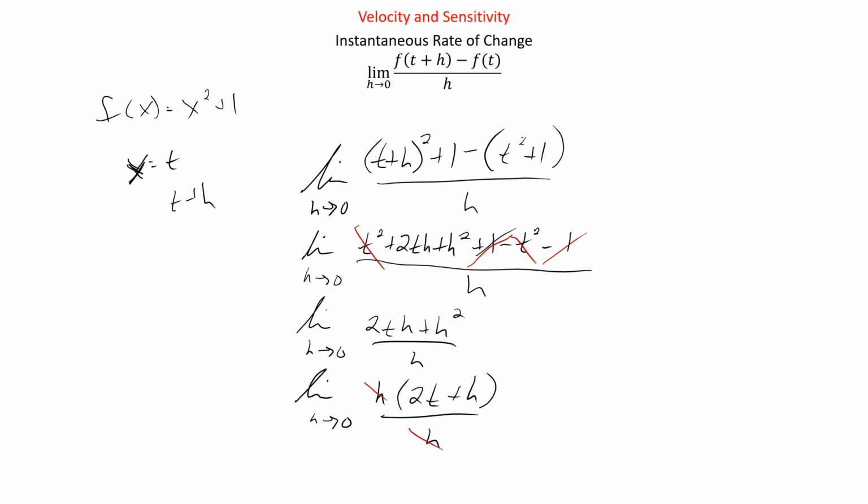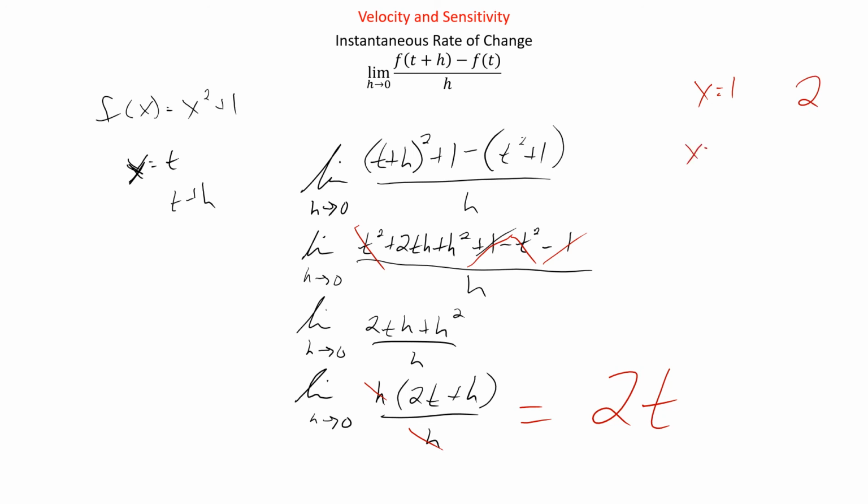And now we can take the limit as h goes to 0. 2t plus h is going to be continuous, so we can just plug in 0, and we get that it equals 2t. So if we wanted to find the velocity at x equals 1, or t equals 1, we would just plug it in. 2 times 1 is 2.